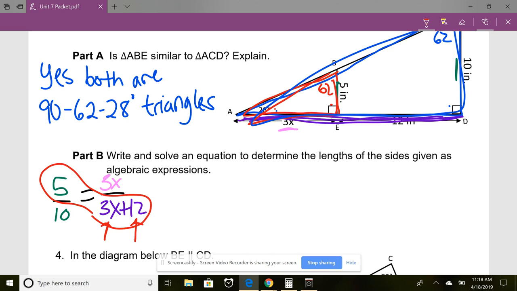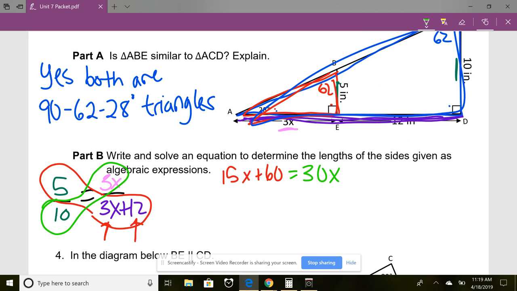So we have 5 times 3x, which is 15x, and 5 times 12, which is 60. I'm also going to cross multiply here. 10 times 3x is 30x.